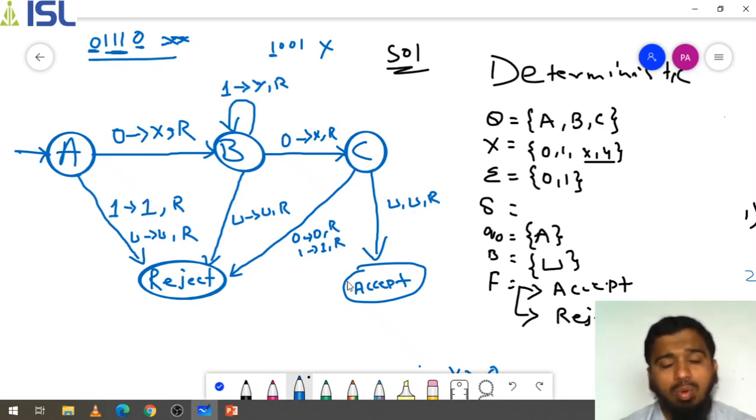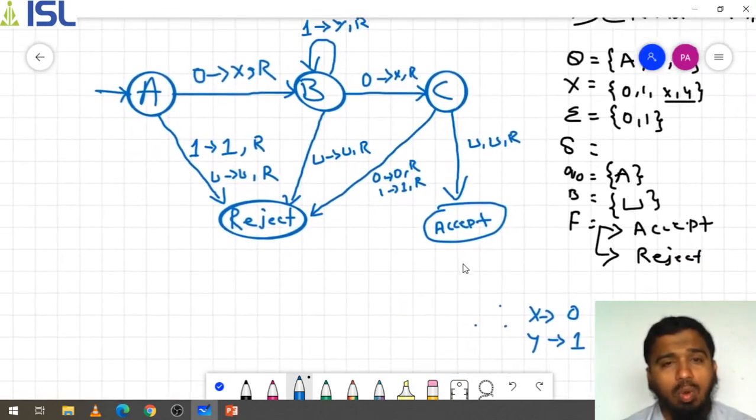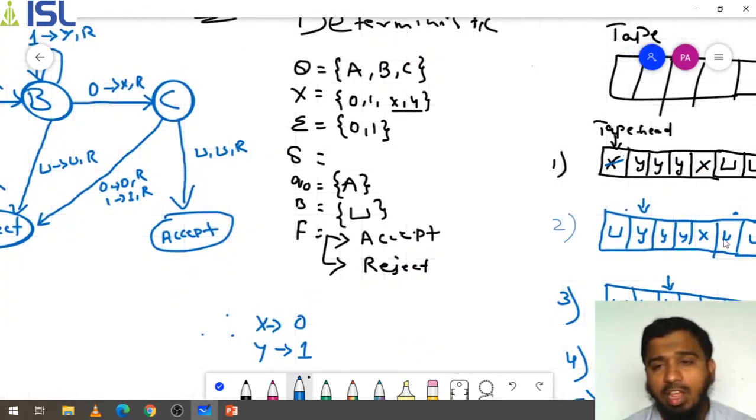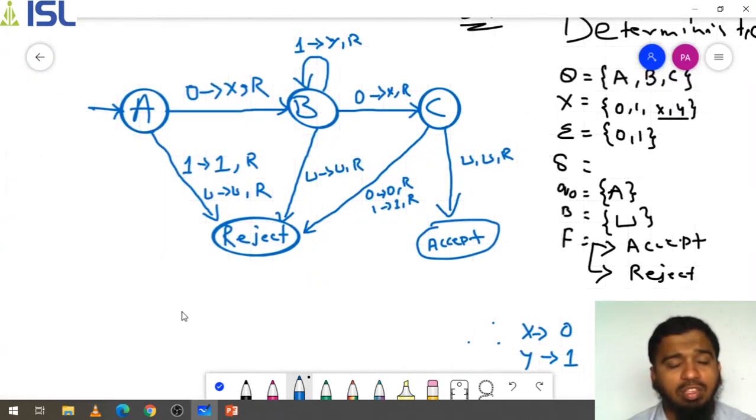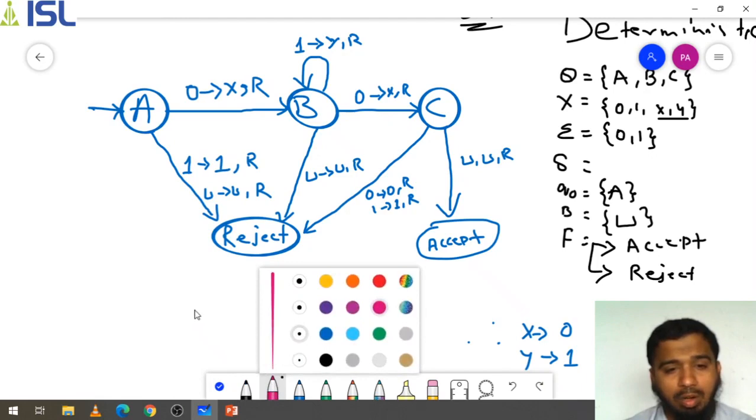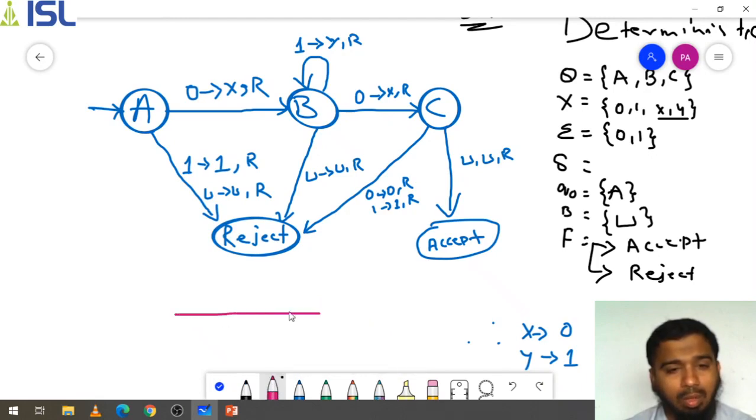Okay. Now once again I will draw the tape for better understanding purposes. Here, this is a tape.